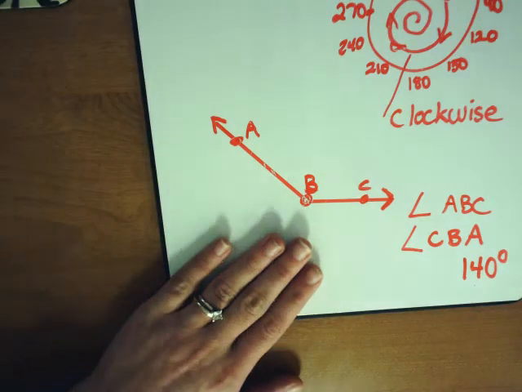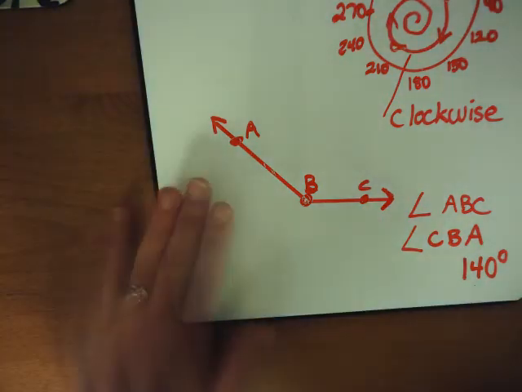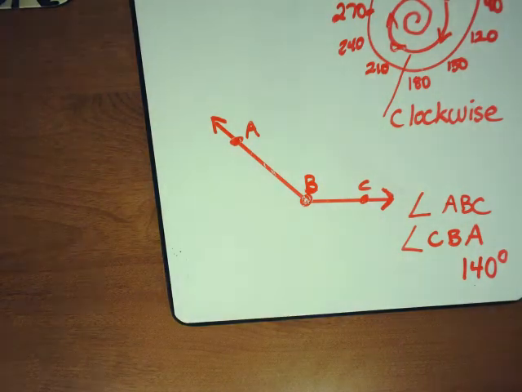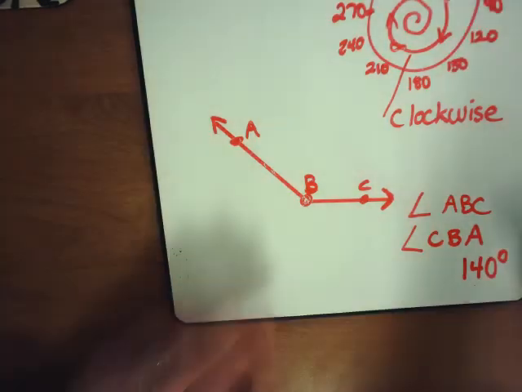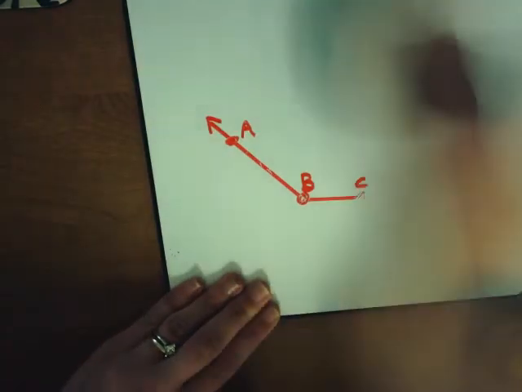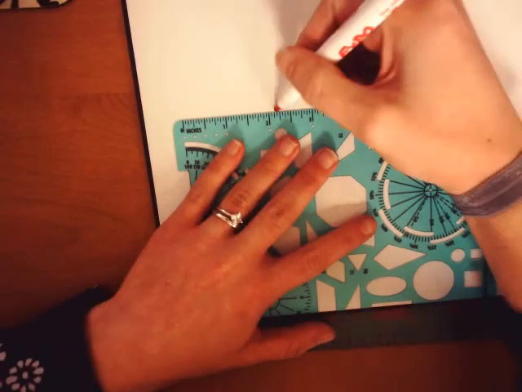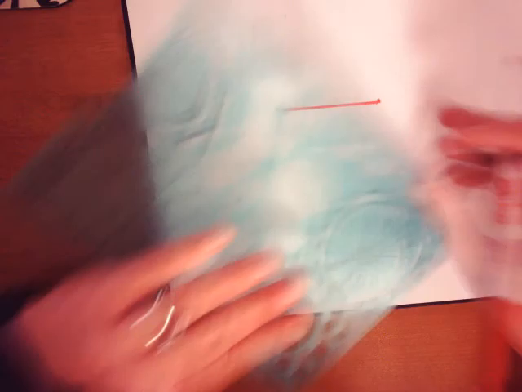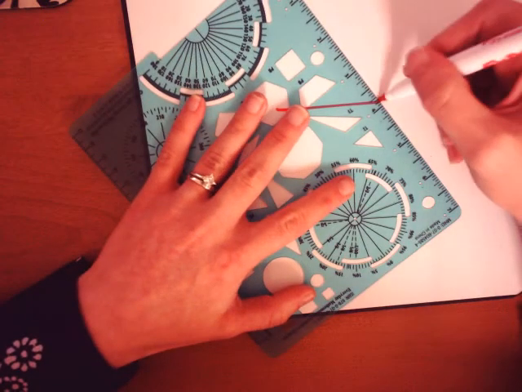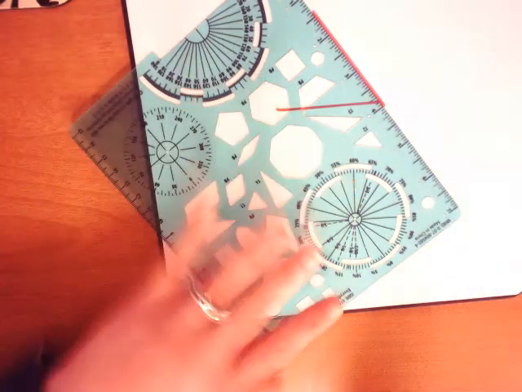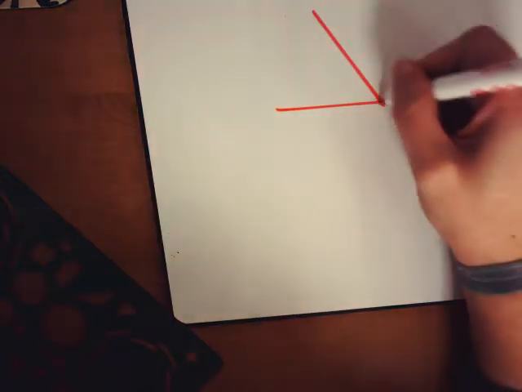You are welcome to close up your notebook and follow along with me just watching. Okay, I'm going to go ahead and use my straight edge this time to draw an angle. It looks like I should be measuring counterclockwise, but I'll show you how to get away with doing this correctly.